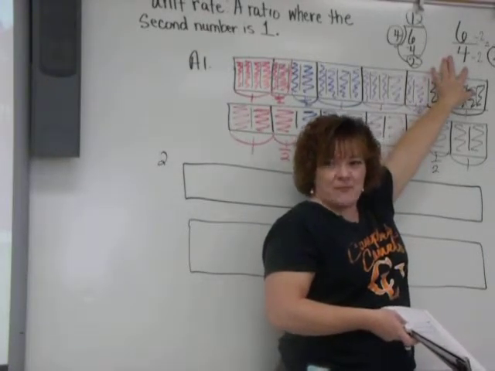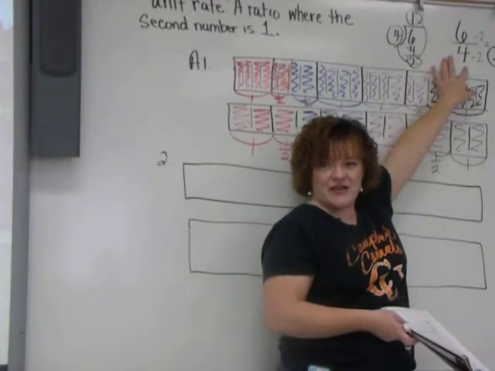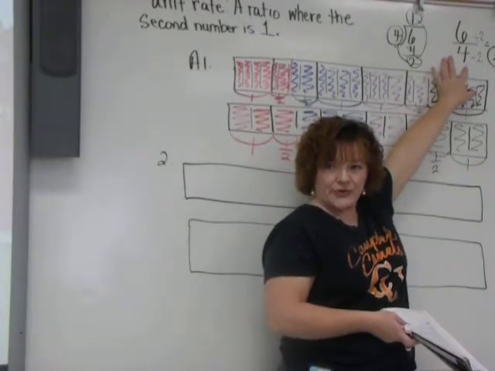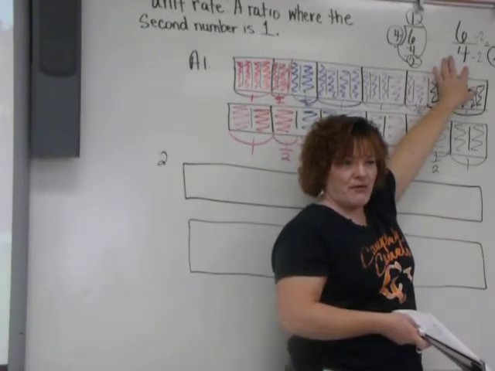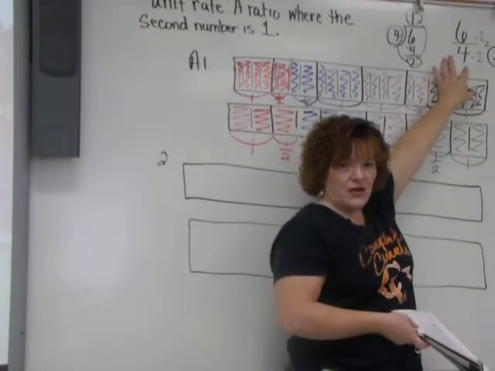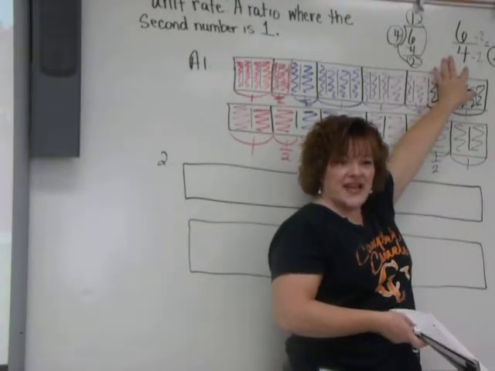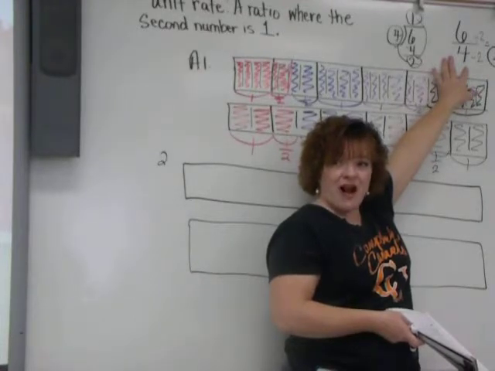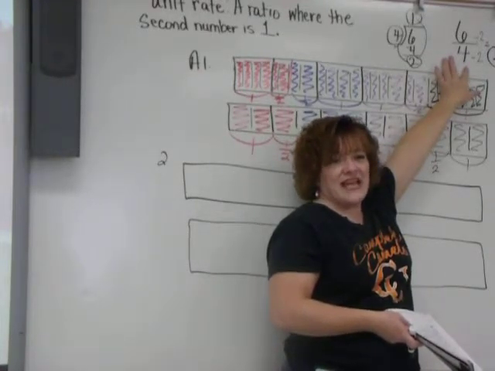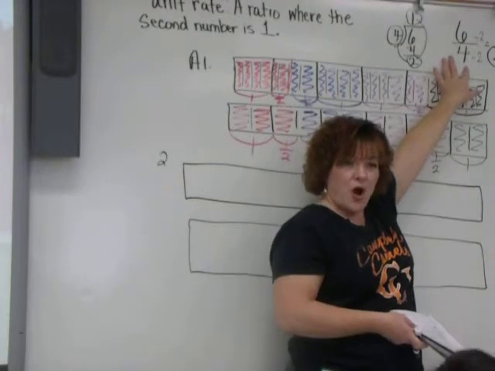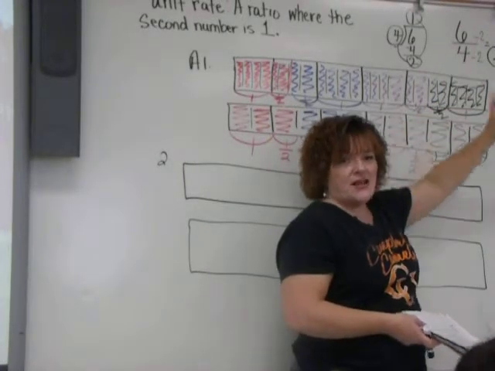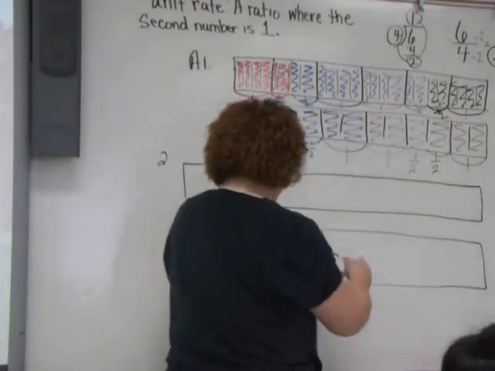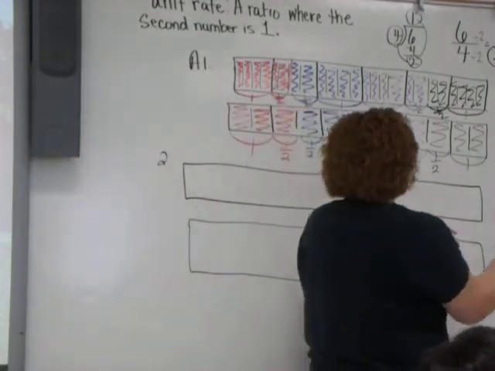So knowing that it's an improper fraction, I know that it's going to be turned back into a mixed number. A mixed number has a whole number in its answer. So I knew just by looking at this that it was an improper fraction, that each person was getting more than 1 whole segment.